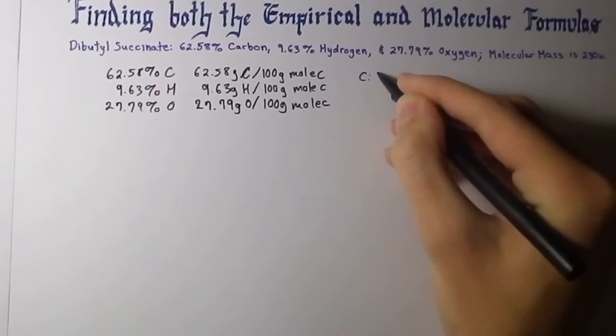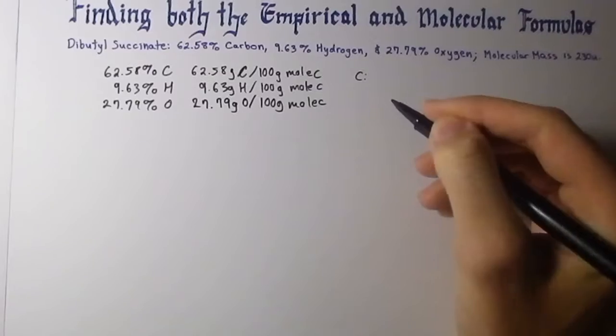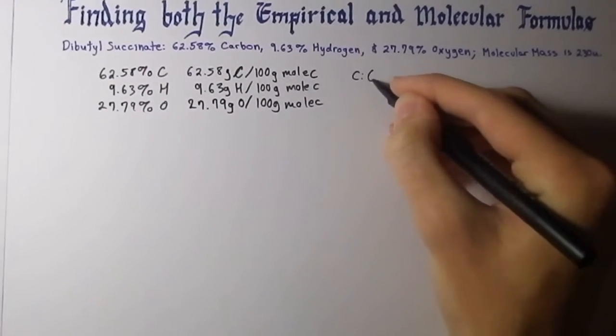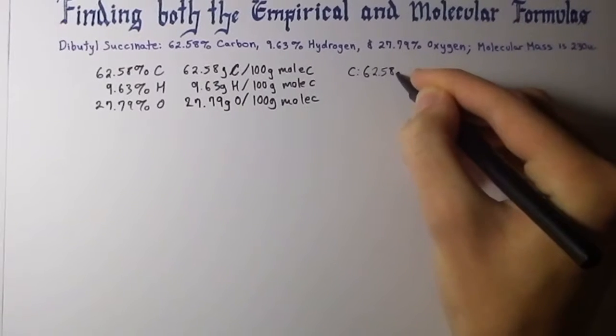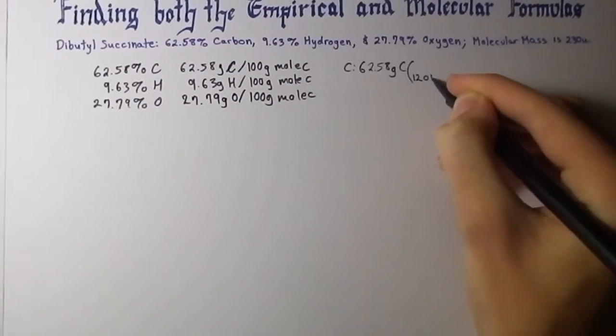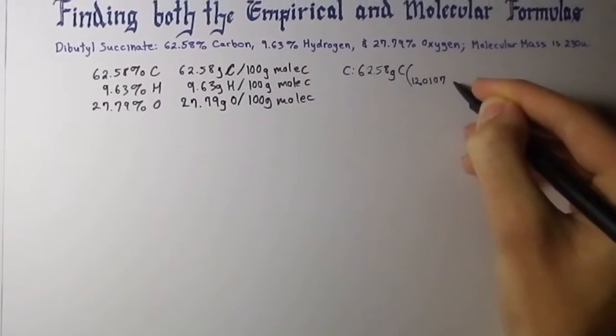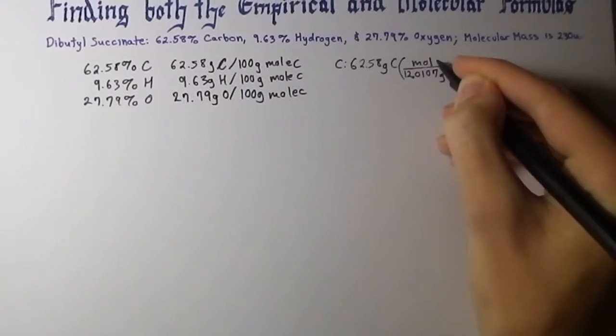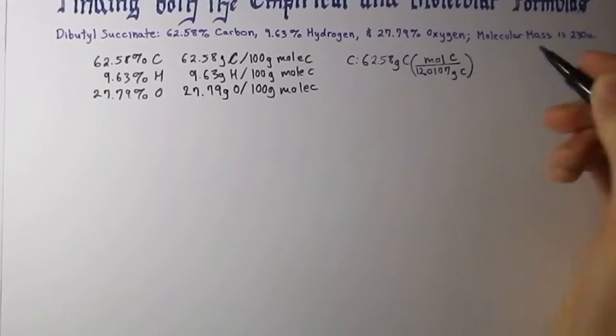Okay, we need to convert grams to moles, so I'm going to assume that it's easy for you by now. You have 62.58 grams of carbon, and there's 12.0107 grams of carbon per mole of carbon. So we're using dimensional analysis.